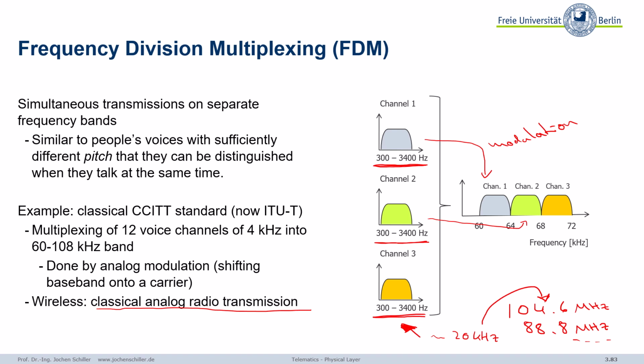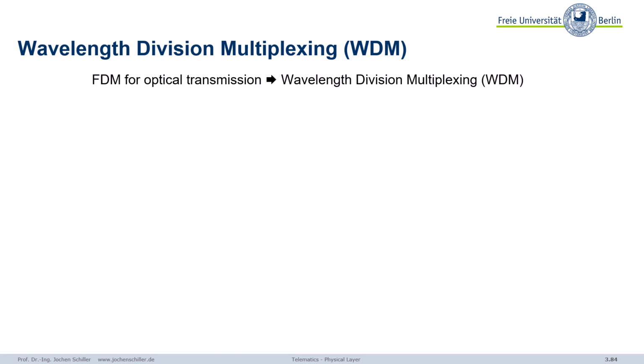This sounds like, well, really old technology. Yes, indeed. Radio stations, radios are quite old technology, a bit more than 100 years now. But even today, we do exactly the same for the highest transmission rates we have, optical transmission.